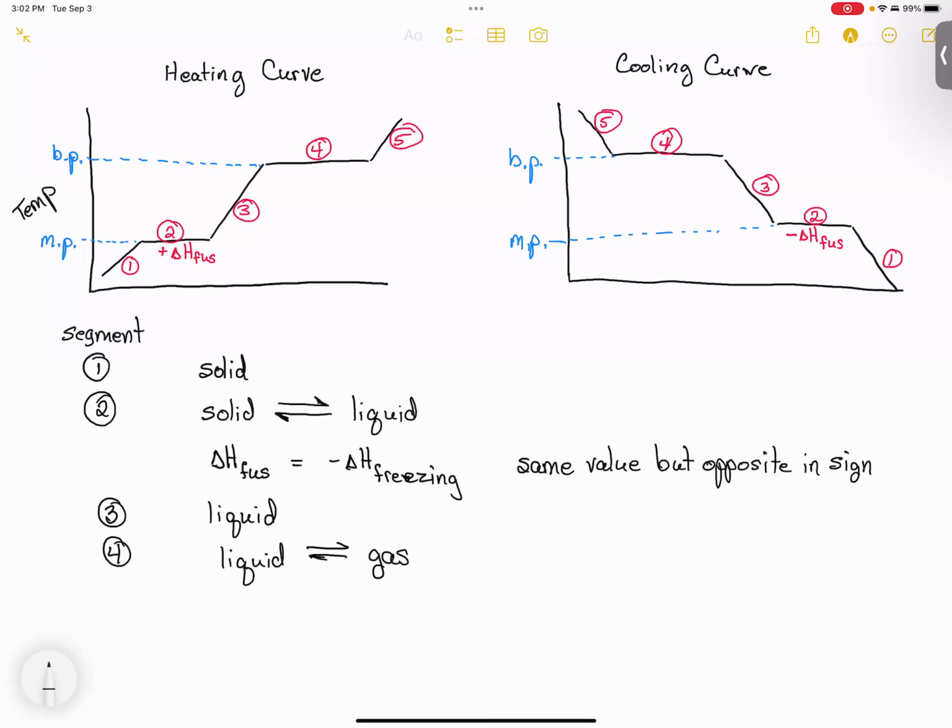And when they collide with the wall or the other items, they lose some of that energy and reform the liquid. And this process goes on and on and on until we get enough energy in order to break all of the intermolecular forces. The amount of energy needed to break all the intermolecular forces is called the delta H of vaporization.